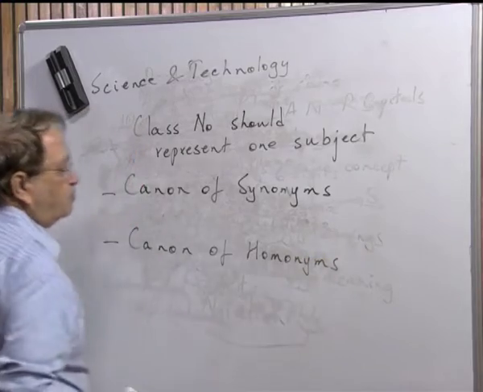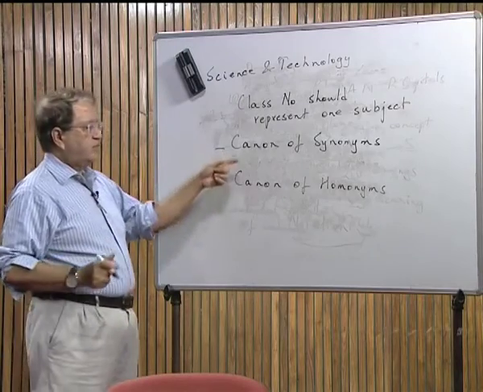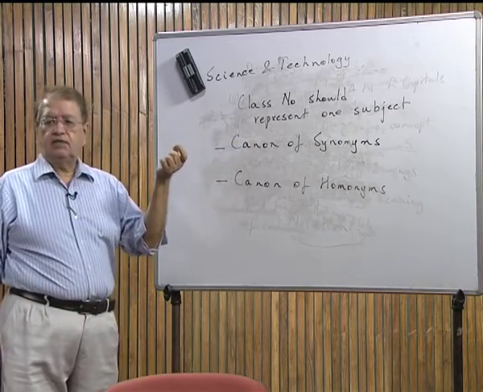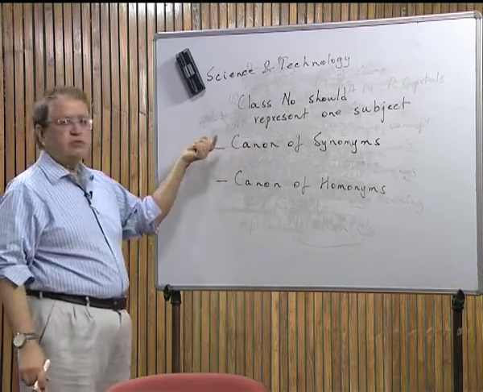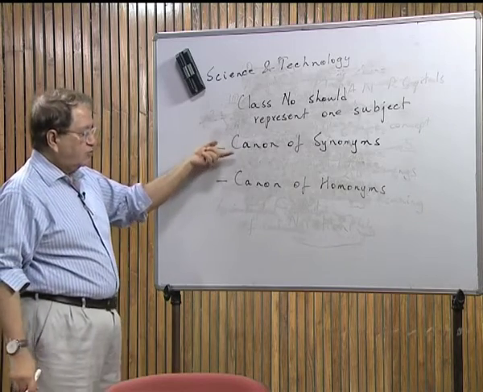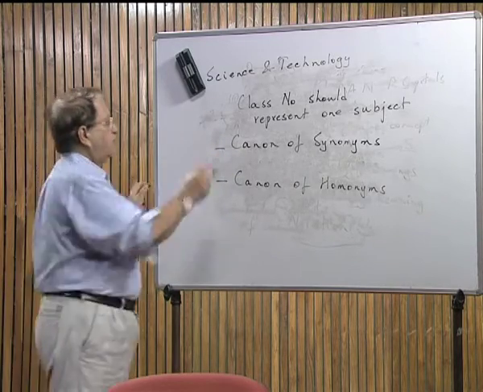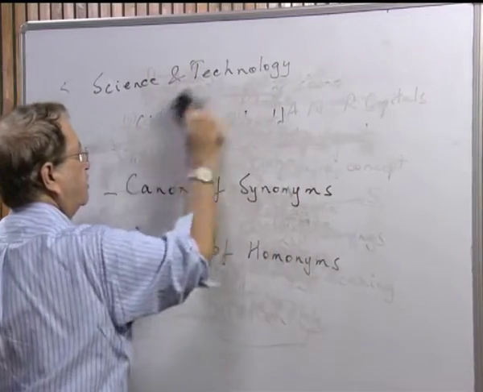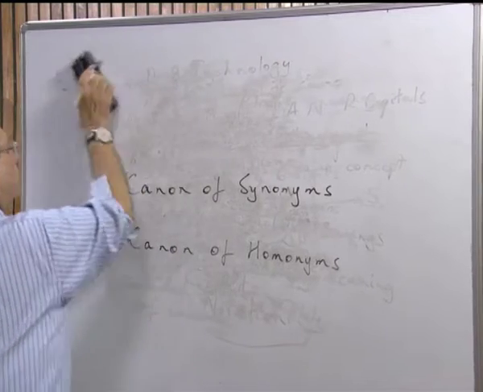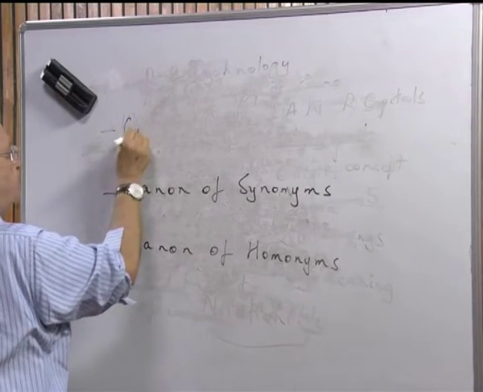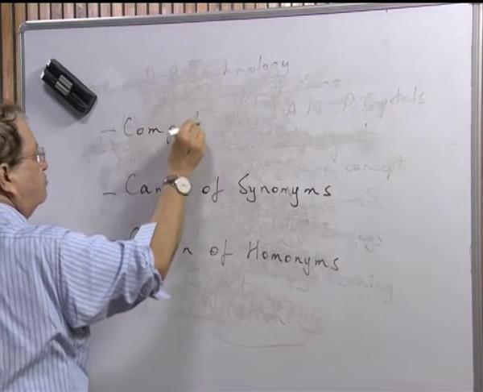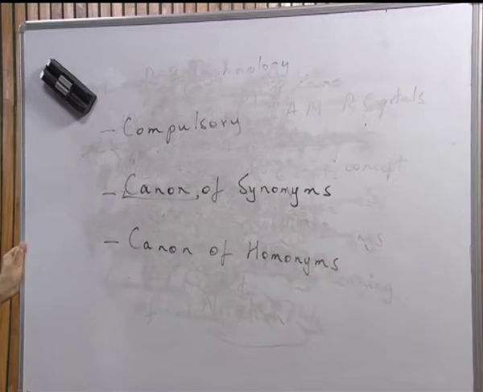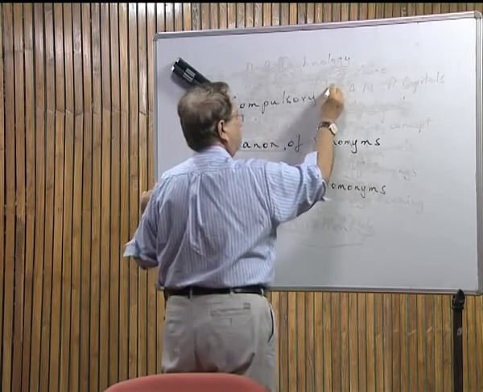We have already discussed how Dr. Ranganathan called all the rules that he made canons. He called them canons because the word canon has a religious significance, and normally religious rules are not to be breached, are not to be violated. So, he gave us these two canons and he called them the compulsory canons of notation. Compulsory meaning that despite the word canon here, he further emphasized their importance by calling them compulsory canons.